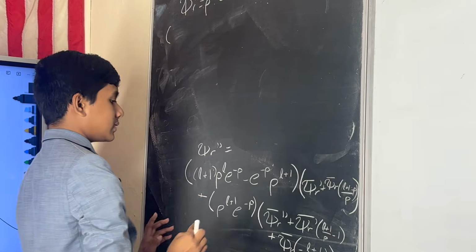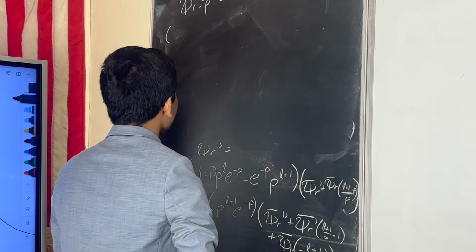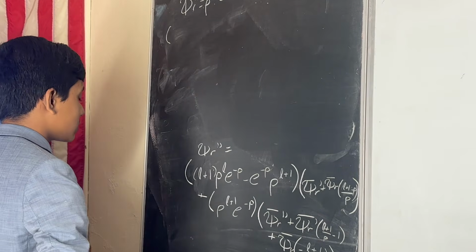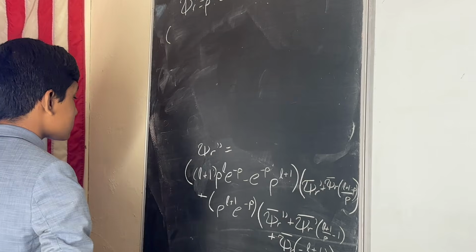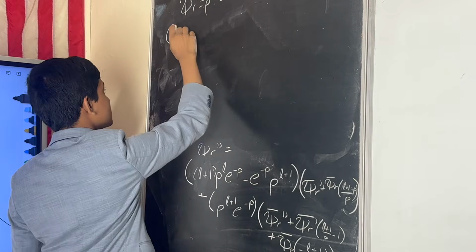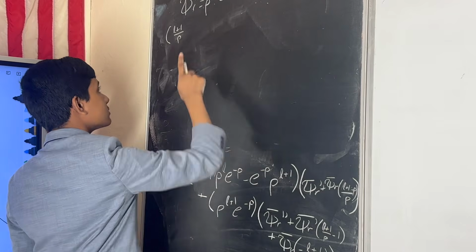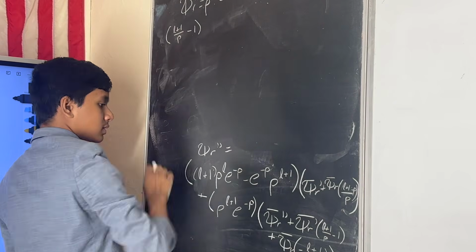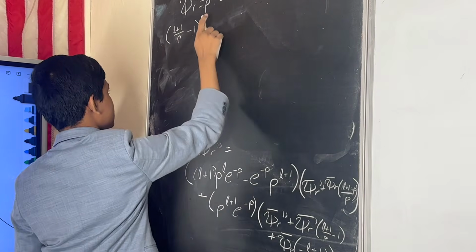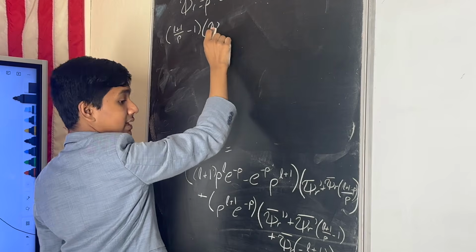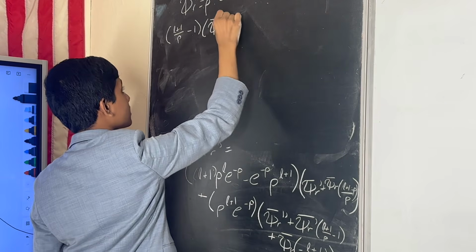And so what happens here? Well, when you factorize rho^(L+1) e to the minus rho, this becomes (L plus 1) over rho. This becomes minus 1. This stays the same as it does normally.